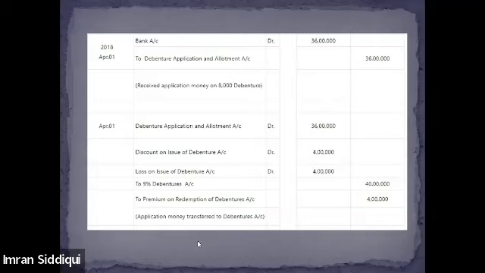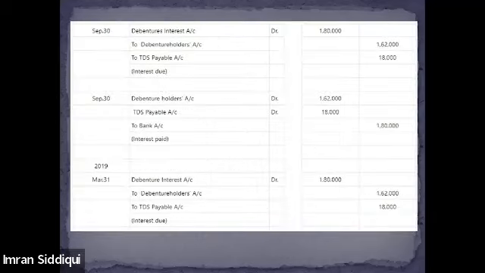Interest on debenture account debit to debenture holder account, 1,80,000. Debenture holder account debit to bank account, 1,80,000. Yes, right. Interest on debenture account debit to debenture holder account, 1,80,000. Right. Debenture holder account debit to bank account, 1,80,000.